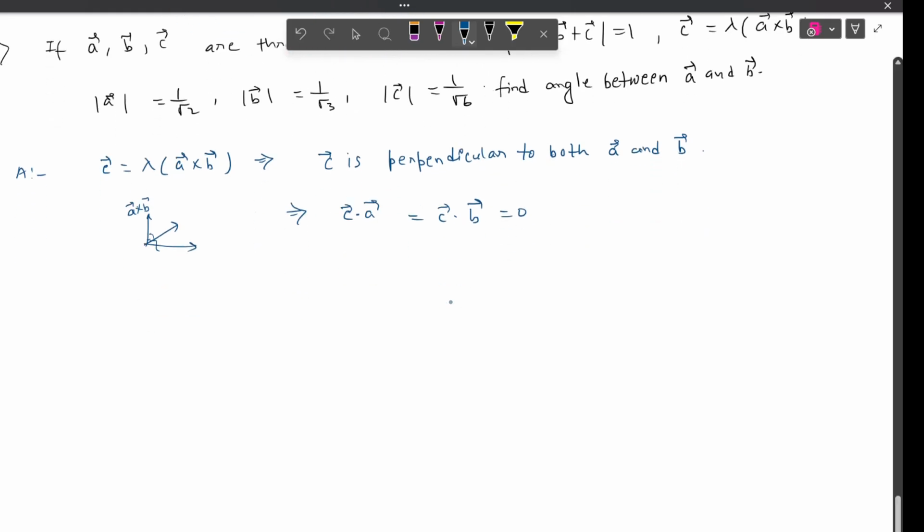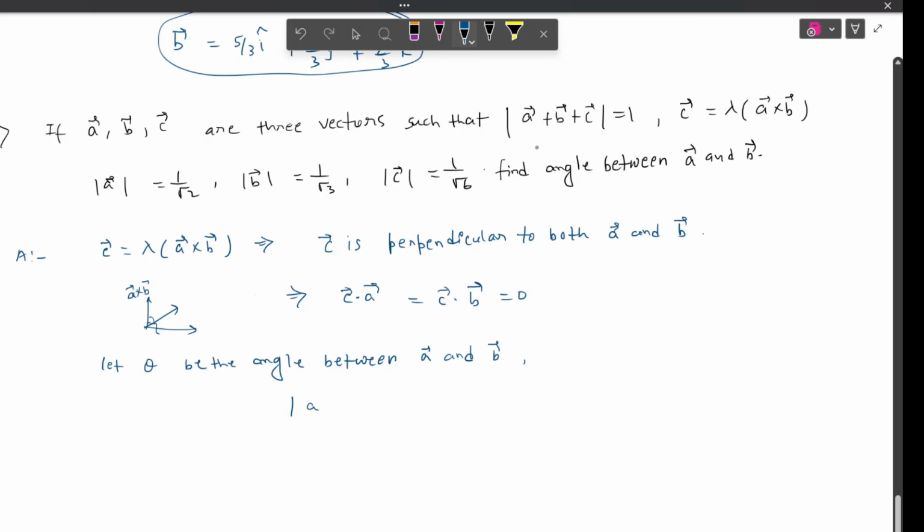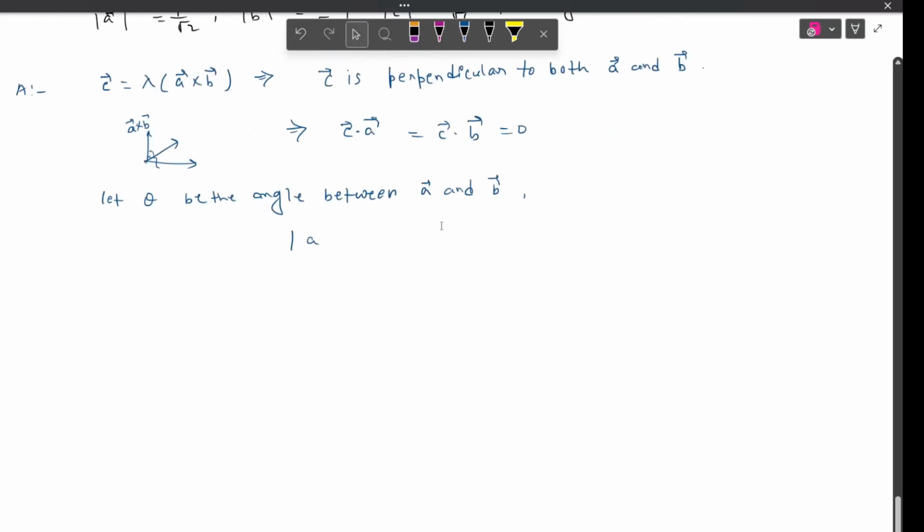Let theta be the angle between A and B. It's given that modulus of A plus B plus C is 1.